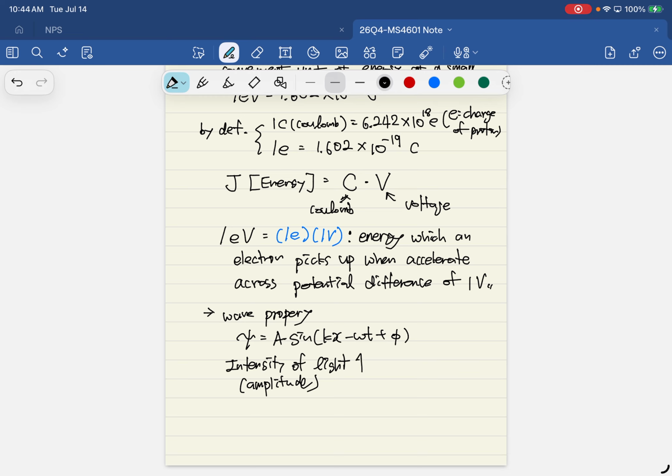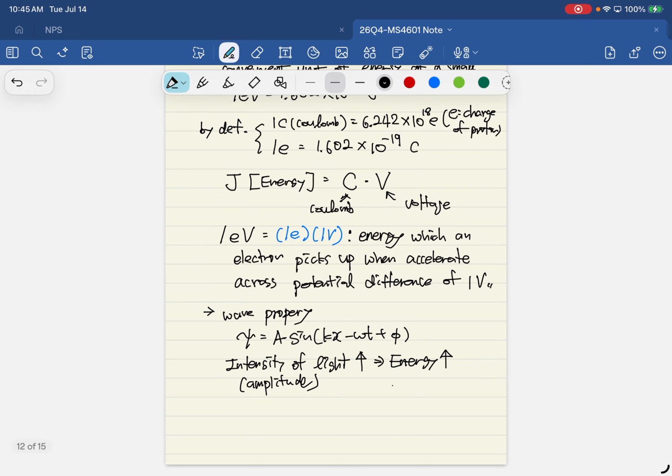As we increase the intensity of light, the energy of the wave increases. More precisely, energy is proportional to amplitude squared. This is the wave property. It's nothing surprising in this case.